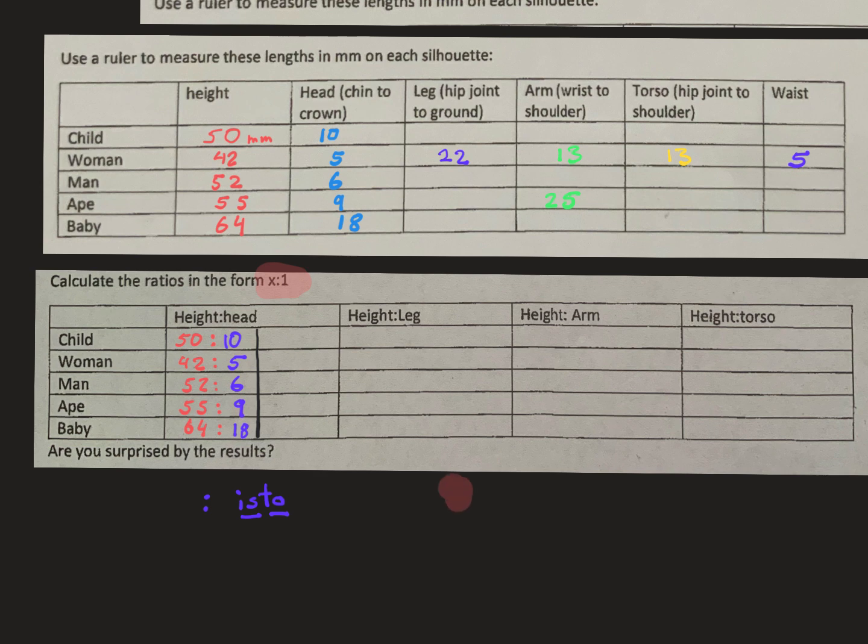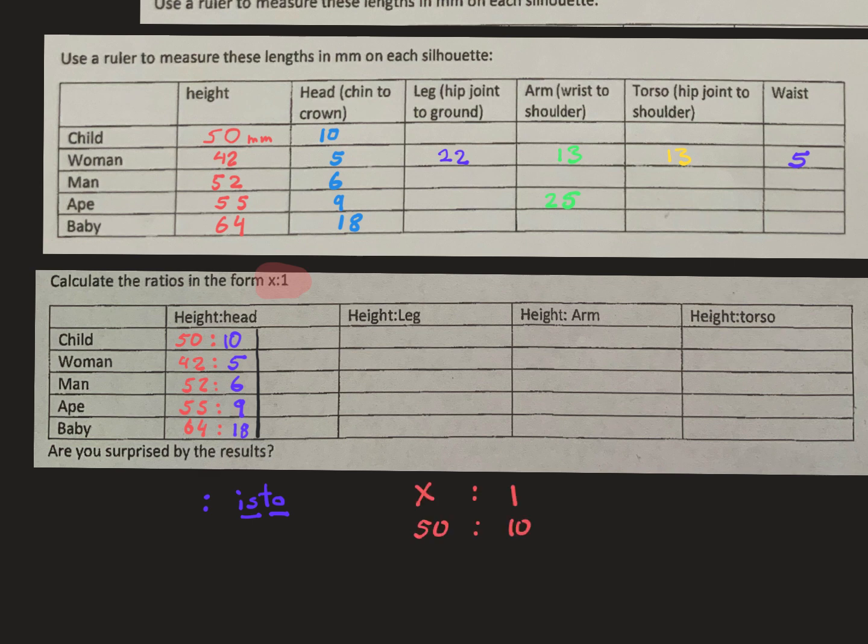These ratios are really meaningless to me because I can't really compare them to anything. So what I really want is to scale them down in the form of something which I'll call x is to 1. Now, my height to head of the child was 50 to 10, and I want to scale it down to 1.